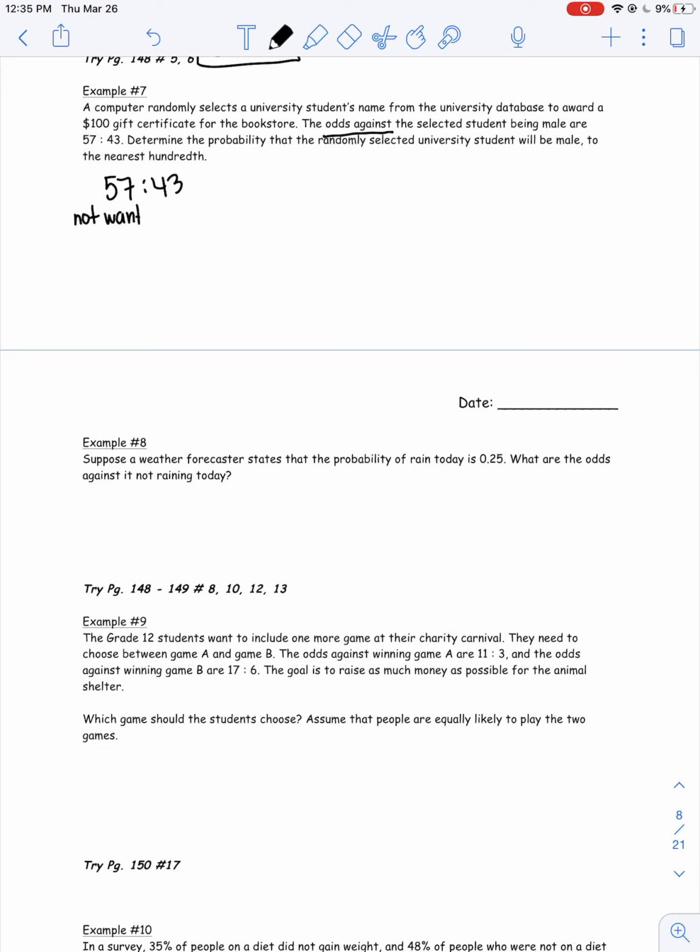Whenever they say odds against, we always want to write not want first. And then this second number is our want. So that's what they mean when they say odds against. We need to label the number as not want to want. Our want comes right after the statement. So this is a student being male.